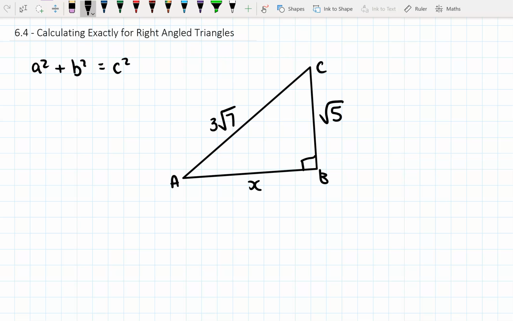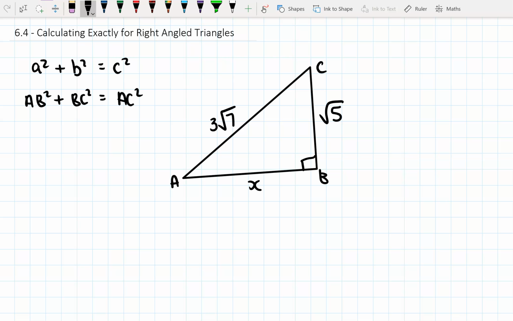So we have AB squared plus our other shorter side, BC squared (we always write them alphabetically), is equal to AC squared. So this is our Pythagoras rule for this specific triangle.